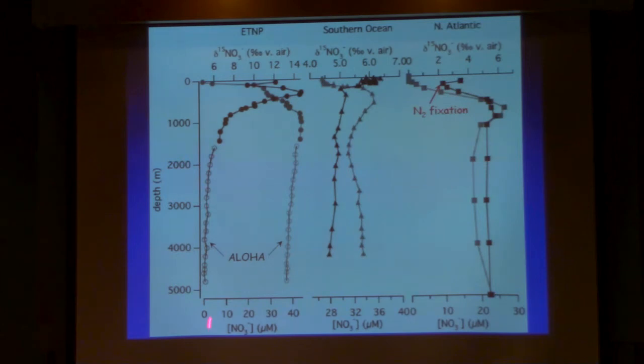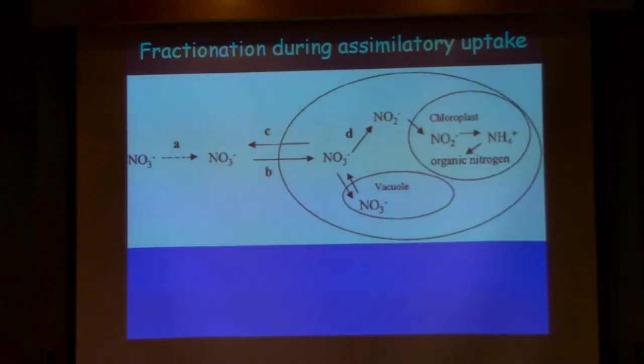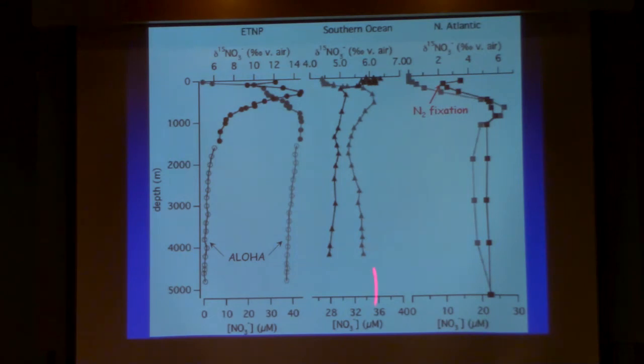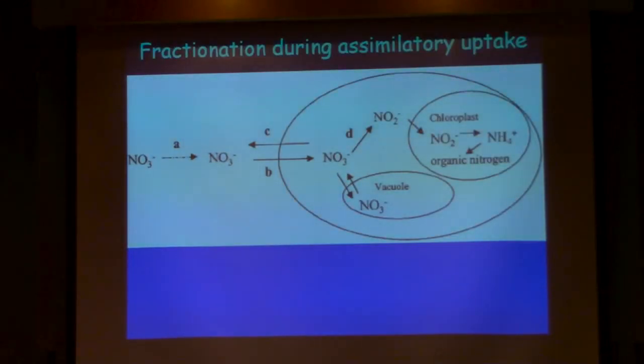Where's the 5 per mil here? In the deep ocean. Okay, so those are just profiles of regions that are dominated by different mechanisms of nitrate uptake and loss.